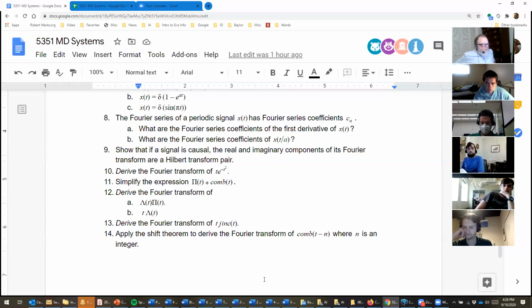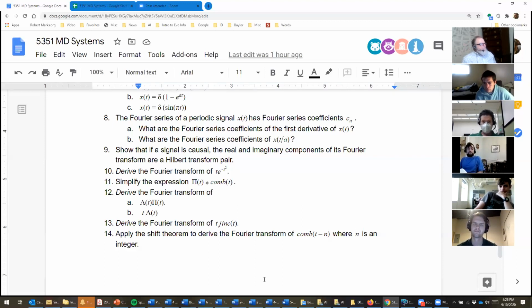If you have the real part, you can take a Hilbert transform, get the imaginary part of the transform, and that's it. And plus, you only need to know the real part of the Fourier transform for positive frequencies, don't you? So this really shows that there's a lot of redundancy in many cases in the Fourier transform in terms of its definition. I think it's a very interesting result.